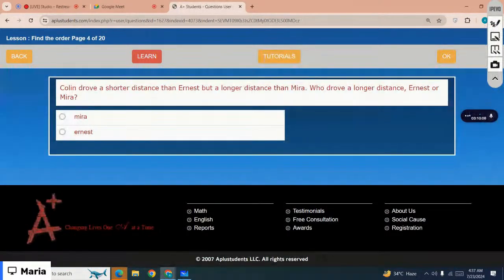And Ernest drove a longer distance than Mira. So who drove a longer distance, Ernest or Mira? Which is the correct option?